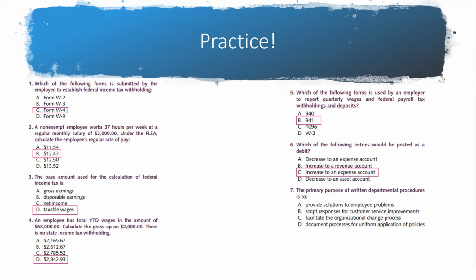It is C, good job. An increase to an expense account. So for example, wages, if you're paying wages out, that's an expense to the company, and you would debit the expense account to increase it.